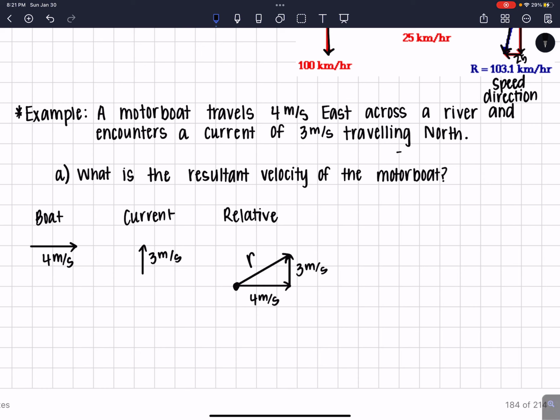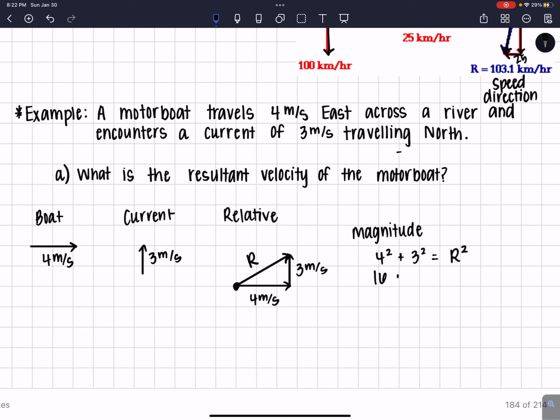of this addition. So if I wanted to find the magnitude, I would use the Pythagorean theorem to find the magnitude of this vector. So instead of a squared plus b squared equaling c squared, I'm just going to add my components, 4 squared plus 3 squared, and this is going to be equal to the magnitude squared.